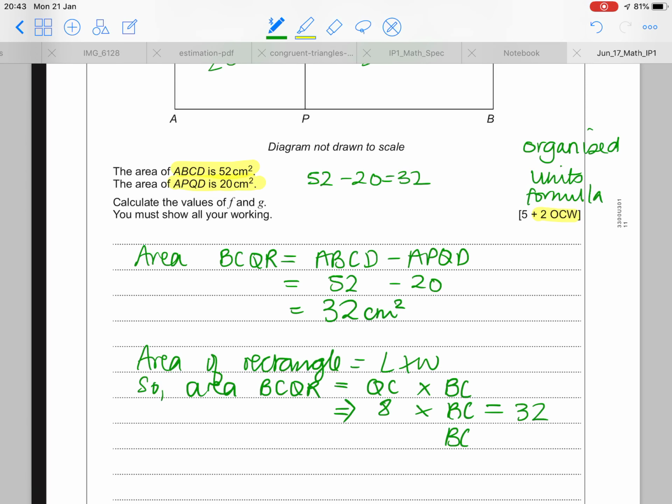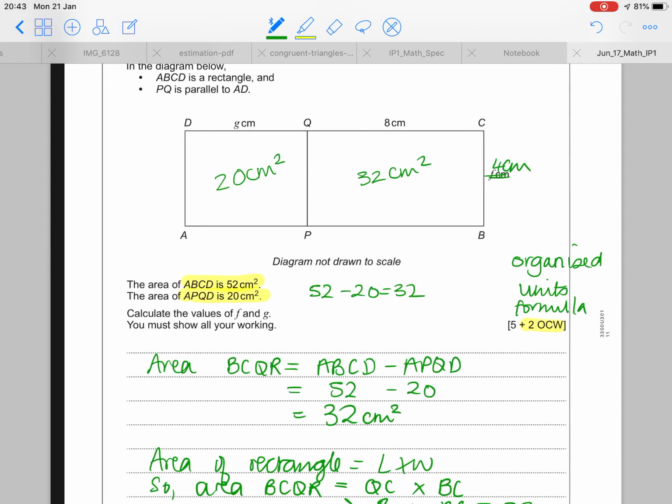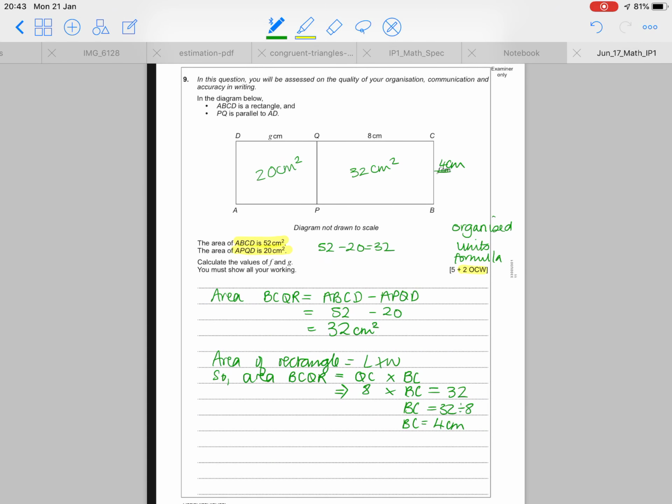So BC equals 32 divided by 8. BC equals 4 centimetres. So I'm going to put 4 centimetres on my picture. I'm being quite thorough because of the OCW. So I wrote down my formula, I'm putting centimetres squared on my answers, I'm labelling everything so you know exactly what I'm working out and where.